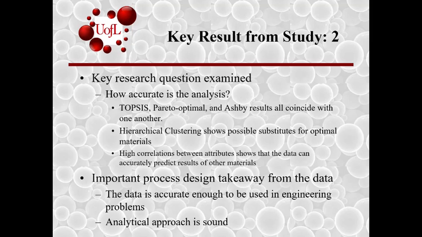Beyond that, the hierarchical clustering gives a good idea of which materials substitute well for the optimal materials, if optimal materials are not possible given design constraints. And high correlations between attributes show the data can be used to accurately predict results, and it also reinforces the accuracy of the data in general.